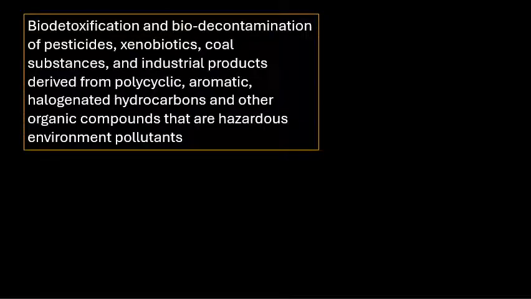Another use of these includes biodetoxification and biodecontamination of pollutants in the environment. Pollutants such as pesticides that are washed off from farms, xenobiotics, coal substances, and other industrial products that are derived from polycyclic and other halogenated hydrocarbons are usually found in the environment as recalcitrants.